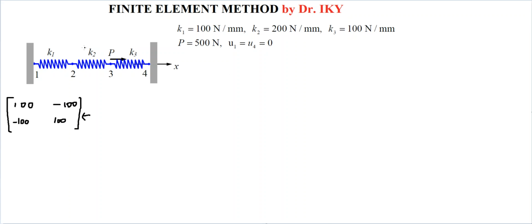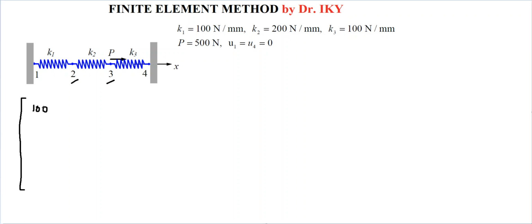If I am going to write all of them together, you need to combine them. So there is a connection point in the second node and also in the third node. So let me write the matrix. You have got K1, K2, K3, which means we will have a 4 by 4 stiffness matrix.